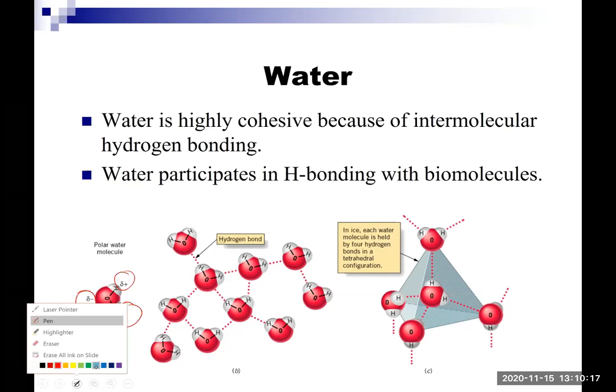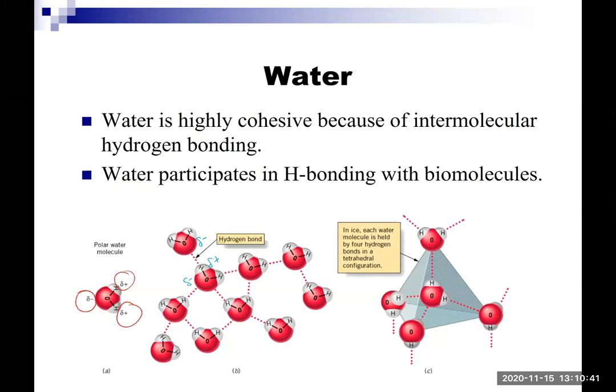And so if we look at two adjacent molecules, we see here that this oxygen with a partial negative charge has an attractive force with this hydrogen that has a partial positive charge. That occurs with most all the molecules that are in a similar proximity to one another. So here you can see another partial negatively charged oxygen being attracted to a partially positively charged hydrogen on an adjacent molecule.